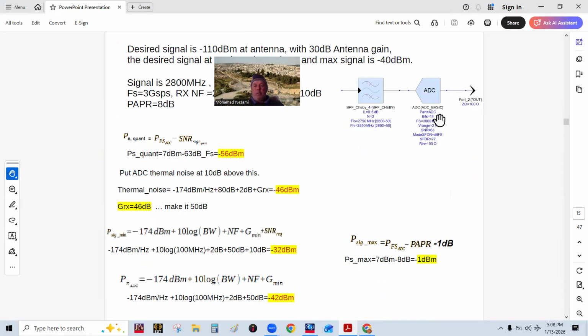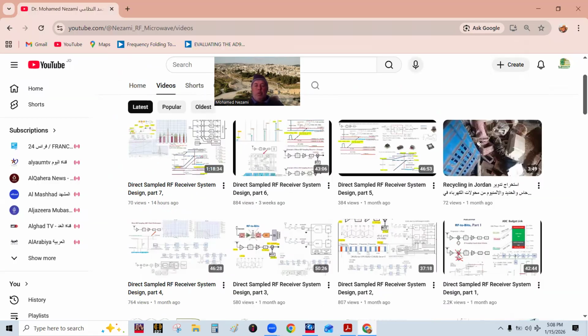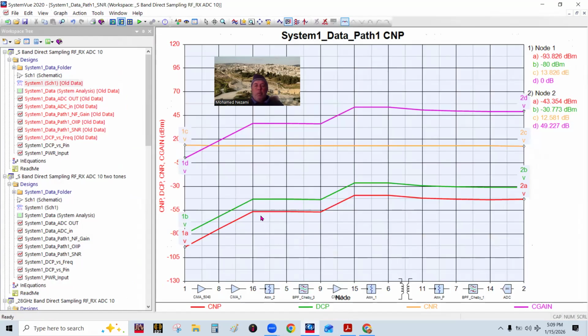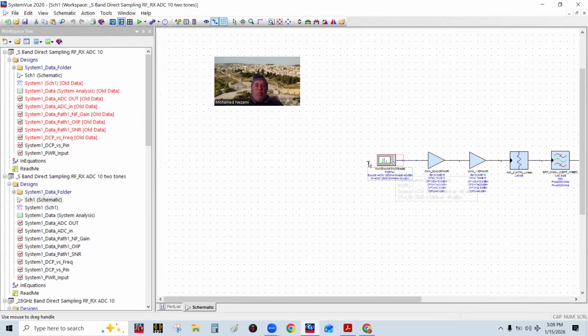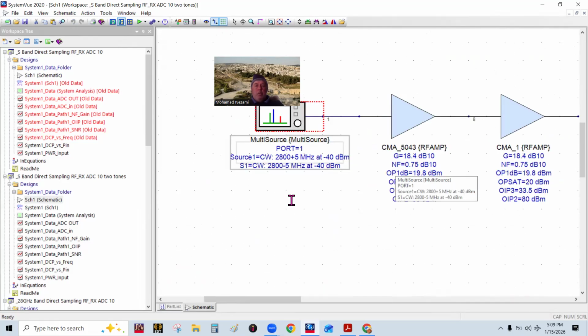It's 14 bits. You can see that the signal to noise ratio is in the 63 dB range, and that's why the overall design is good.